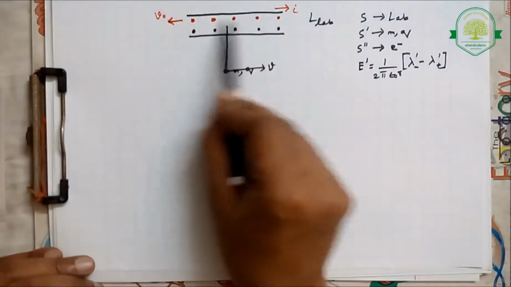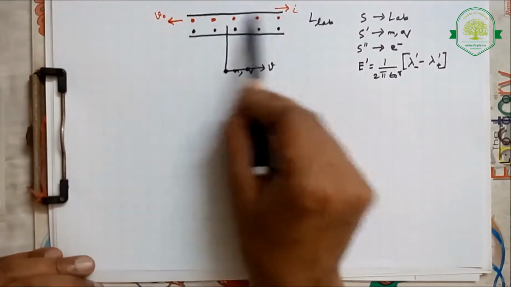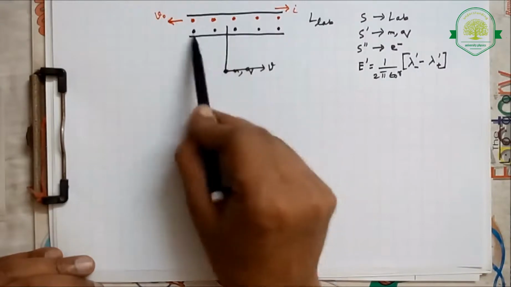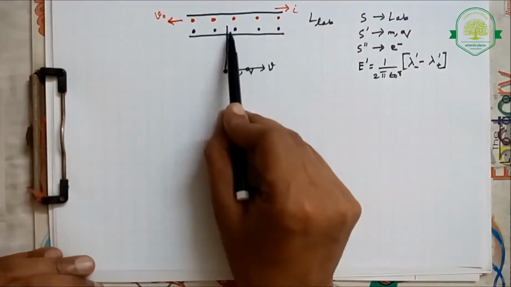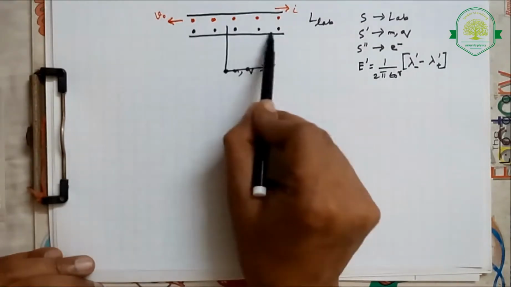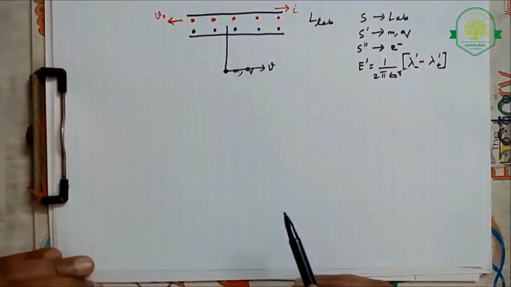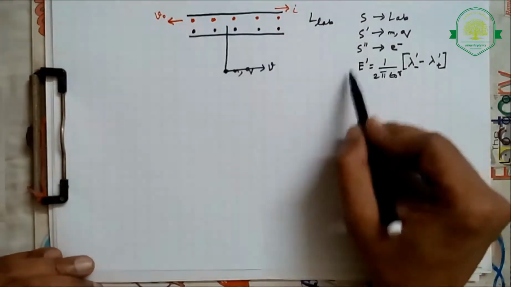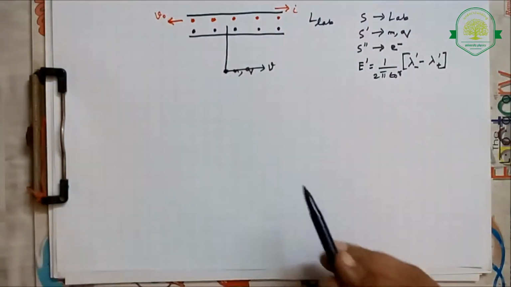Because this suffers a greater length contraction, this has a greater charge density. This suffers lesser length contraction simply because the relative velocity is less as compared to this. So this suffers a lesser length contraction and therefore has a lesser charge density. So this is the electric field that this charge says it experiences.